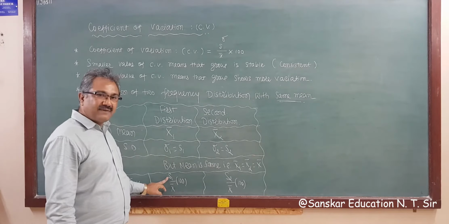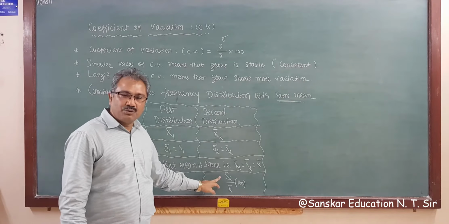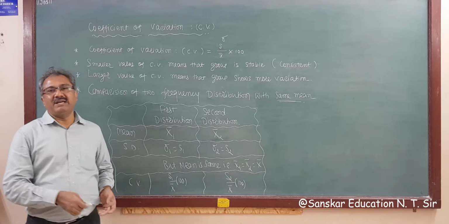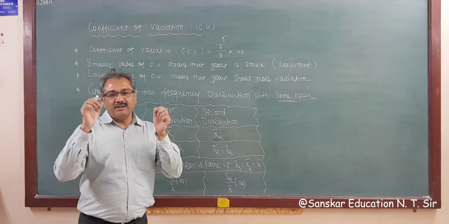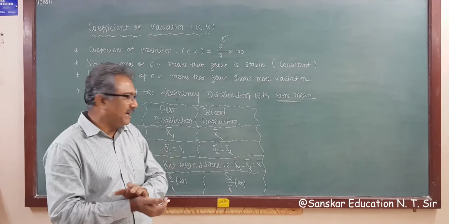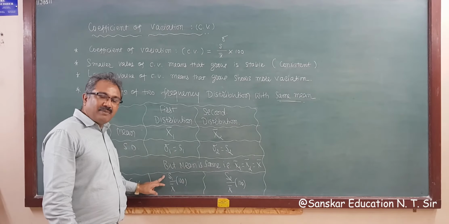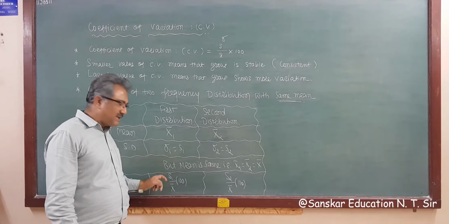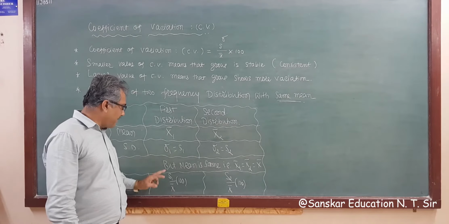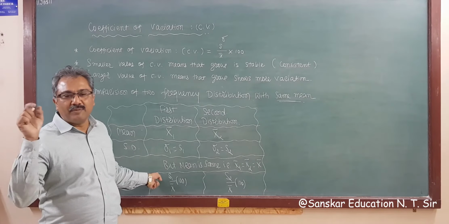If S1 is smaller, then the CV of this is smaller than that of S2. So it is clear that CV can be compared on the basis of values of standard deviation. Because the mean is the same, everything depends upon standard deviation.